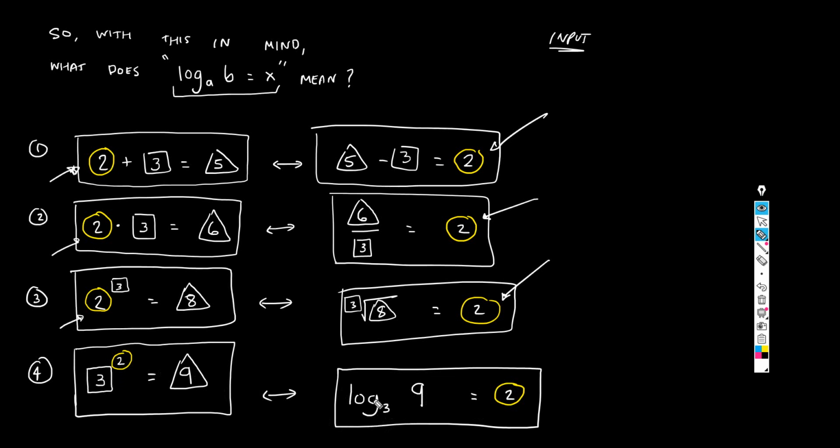I'm going to repeat that several times. Logarithm base 3 of 9 equals 2 is equivalent to saying that 3 raised to this number, 3 raised to the 2, will give me 9. 3 raised to the 2 is 9. You see?